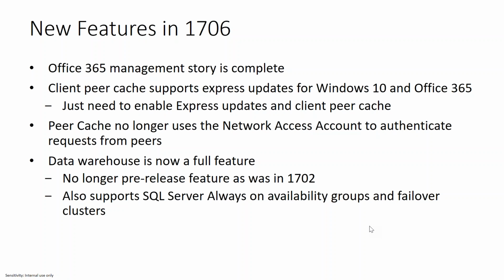Client PeerCache is a technology that is constantly being updated, and as I mentioned, the hotfix that was released earlier last week actually addresses some issues found in the PeerCache technology. But now PeerCache also supports Express updates for Windows 10 and also Office updates, which is kind of nice.